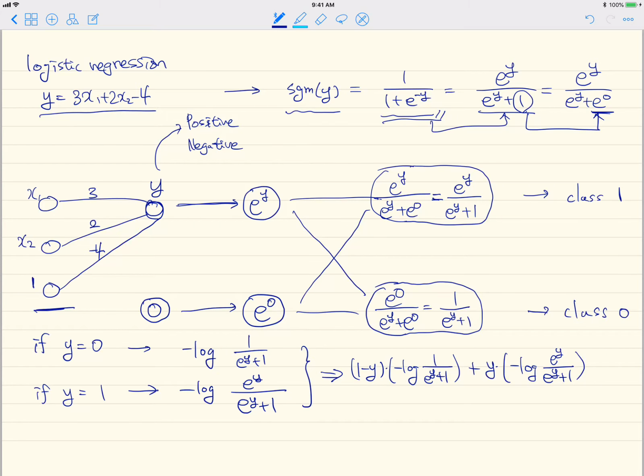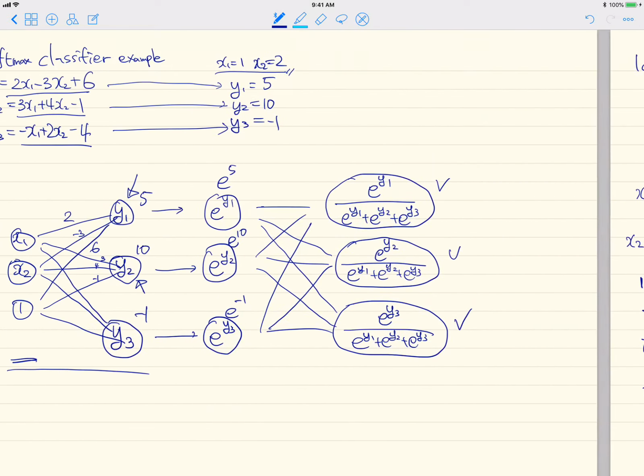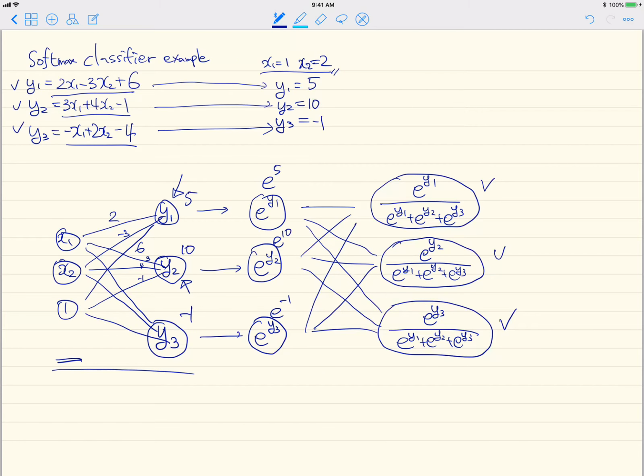It is further changed into e to the y, but for this 0, let's just create one virtual additional node that has the value of 0 all the time. And then this 0 and this y value that is computed from our linear combination over here, those two values are competing with each other, just like in the softmax classifier, where those three values are competing with each other so that they can have as much probability as possible, right?